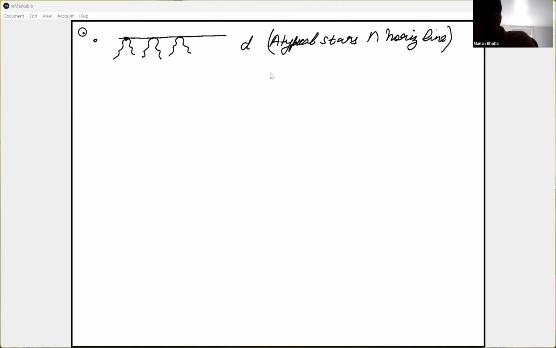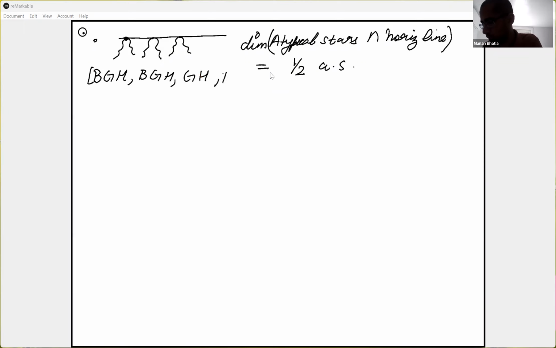The result is that the Hausdorff dimension of these atypical stars is equal to 1/2 almost surely. This was shown first by Basu, Ganguly, and Hegde, and then there were subsequent works which improved the result. The other works were one by Bates, Ganguly, Hegde, and then one by Ganguly and Hegde, and then a final work by Dauvergne.